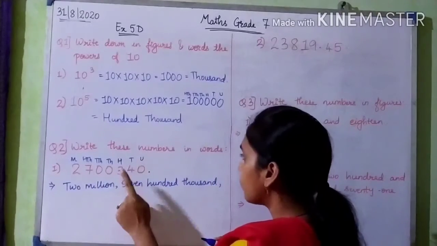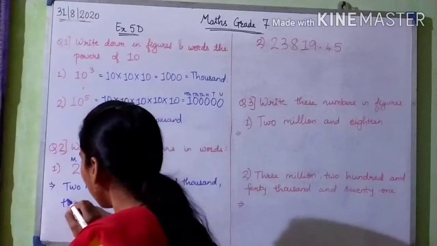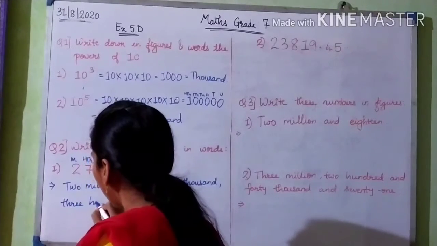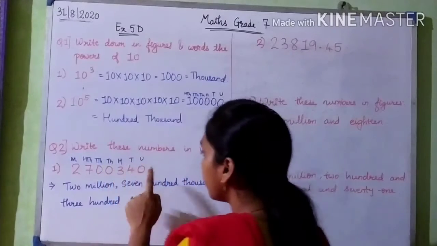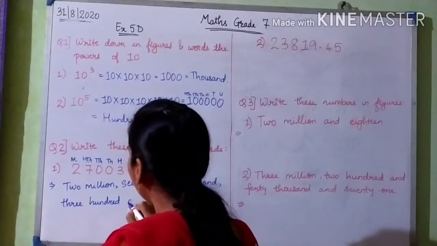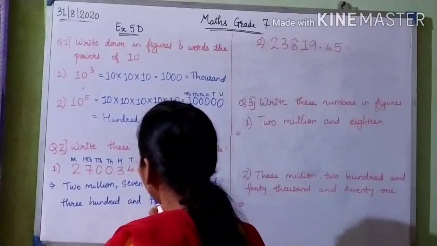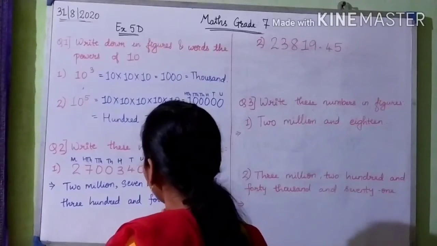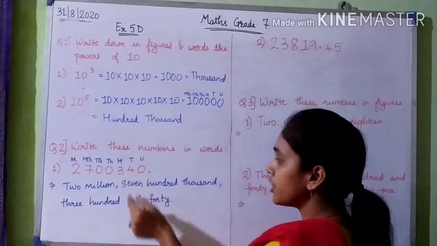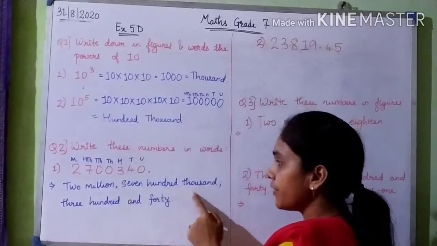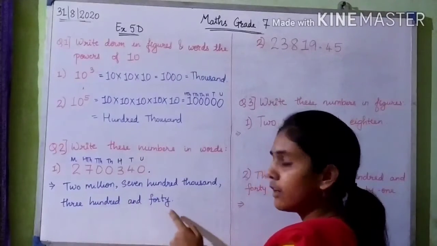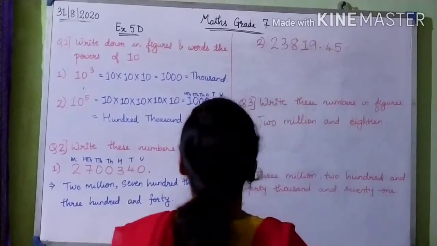Now I write 300, and then 4 is in tens place, so I write and 40. For the last two digits I write and before. So this is read as 2,700,340. Okay. Now the next number.